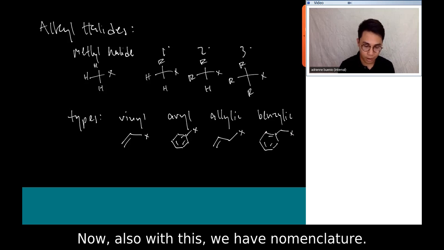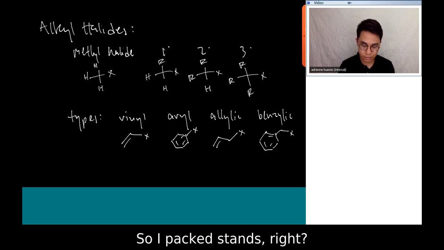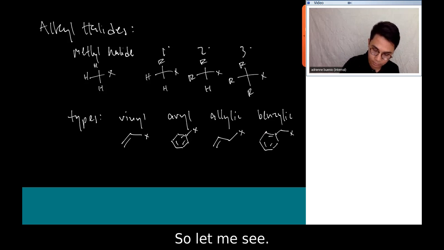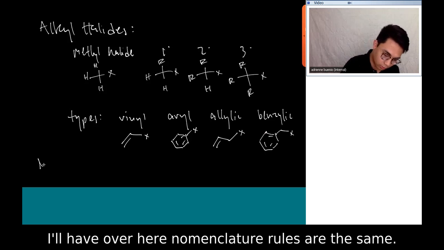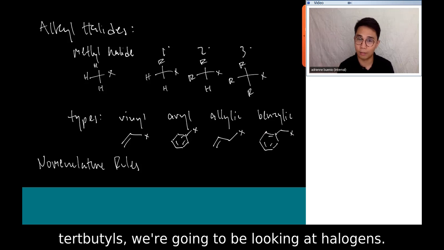Okay. Now also with this we have nomenclature. Nomenclature rules are going to be the same. So IUPAC nomenclature rules are the same, but now instead of working with propyl groups, isopropyls, butyls, we're going to be looking at halogens, right?